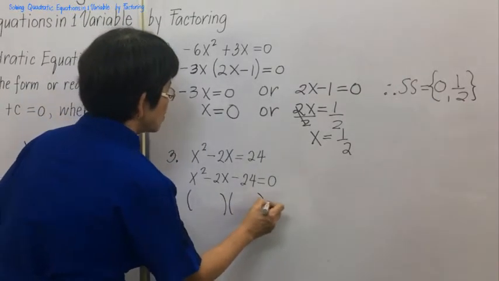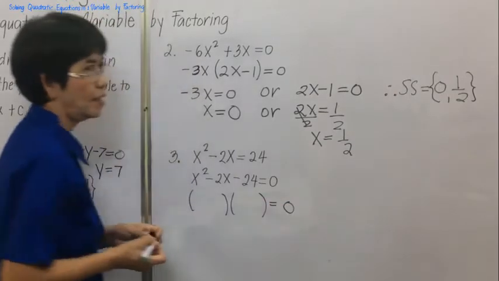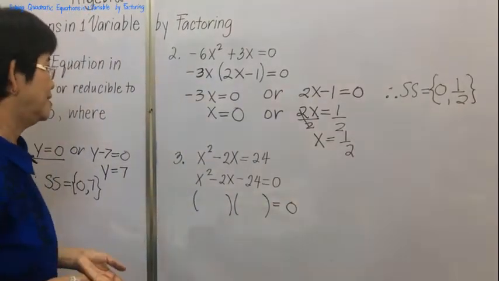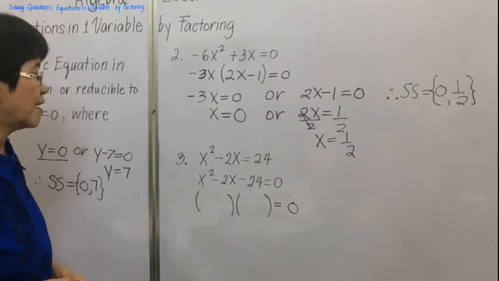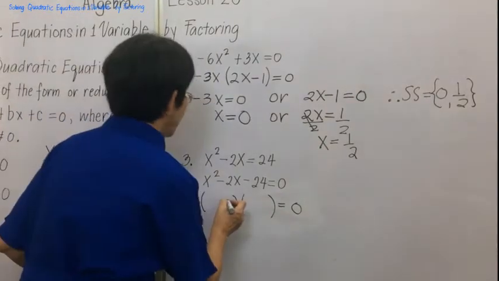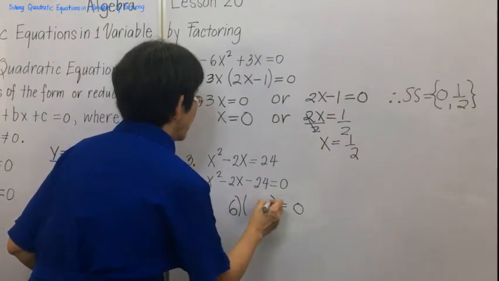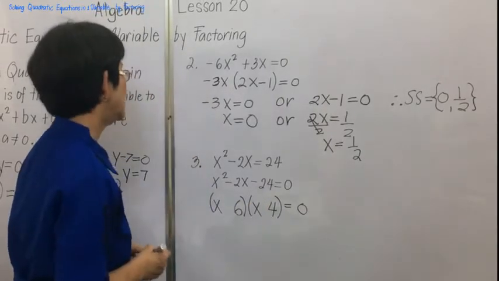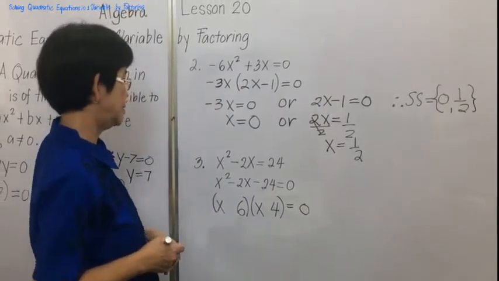If it is not, we will have to resort to other methods of solving this equation. Since we can factor 24 as 6 and 4, we just determine the sign.